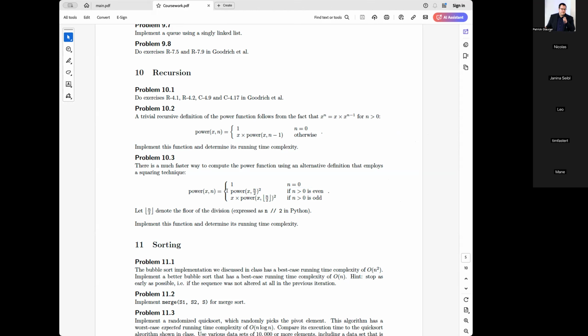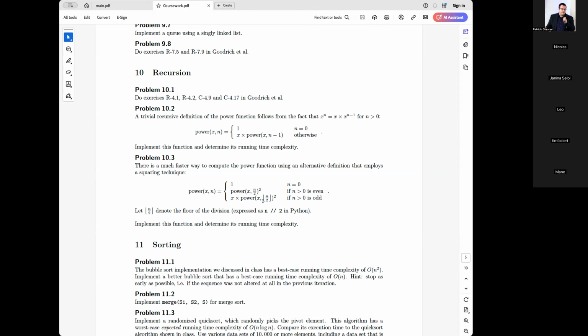You need to implement this correctly. It's very important when you write your Python code that you calculate x to the power of n half once, and you square that result with itself, and that you're not calling this function a second time, because if you do it a second time, it will still be linear, and in practice it will be even slower because of the extra recursion. If your n is odd, you also need to floor that value.